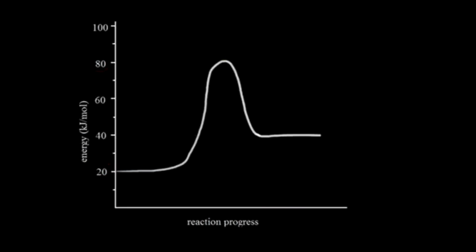Now let's think about another reaction. So down here we have reaction progress. So we're starting out with the energy of our reactants right here. So this is the energy of our reactants at 20 kilojoules per mole, let's say. And we know that to get to this point right here, this represents the energy of the activated complex. So right there would be our activated complex, and that's at 80 kilojoules per mole.